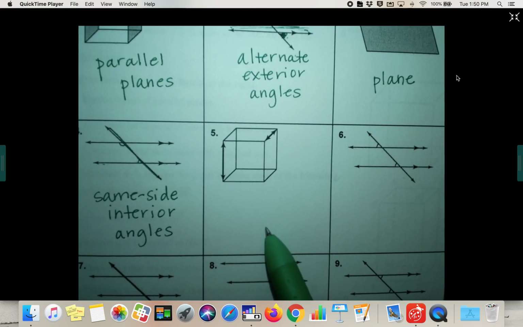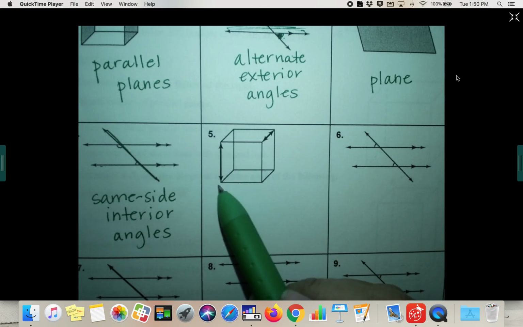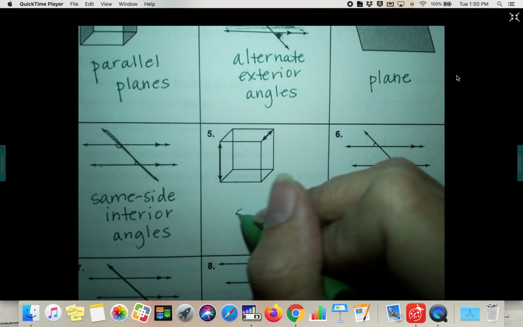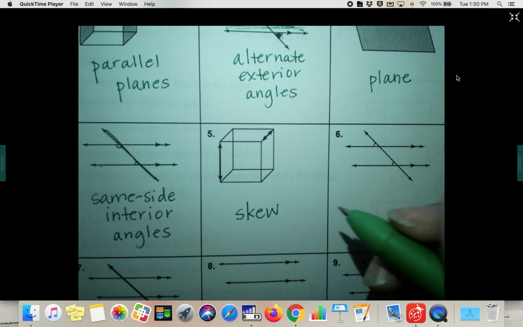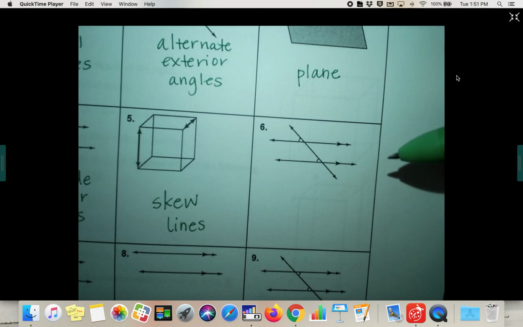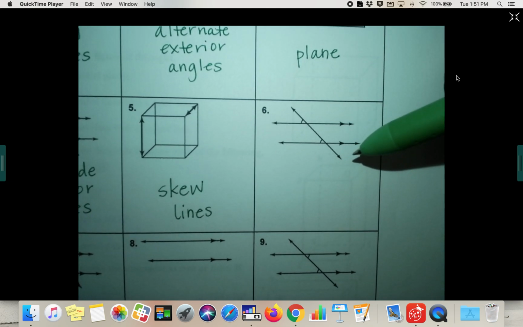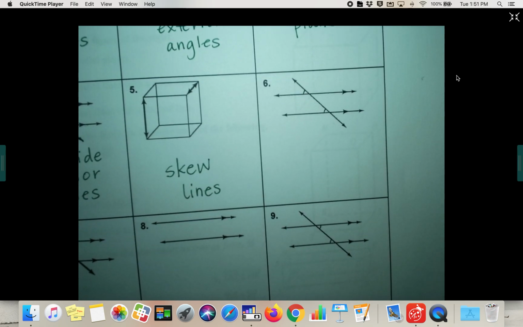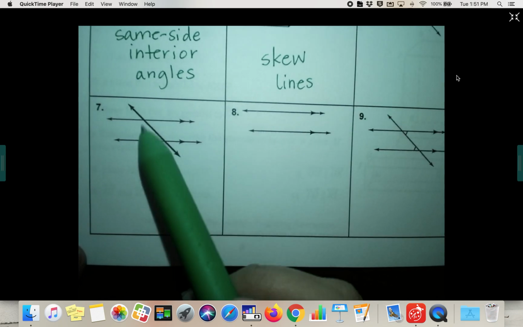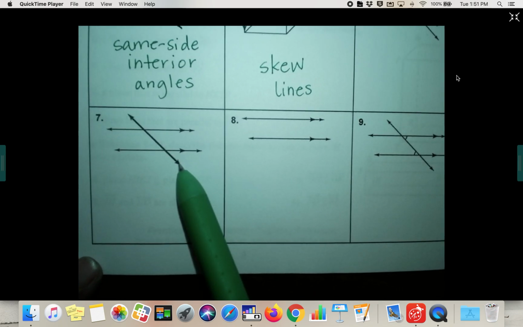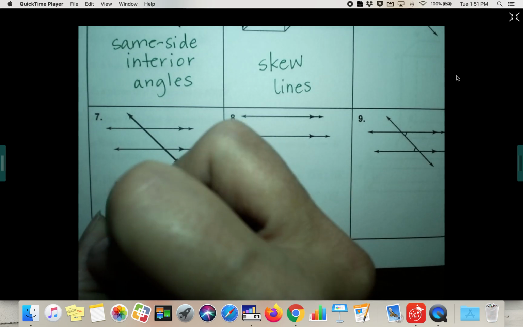Okay, number 5 we talked about in chapter 1 as well. These are two non-parallel lines that will also never intersect, and they're called skew lines. Number 6, actually, I'm going to come back to number 6 because I think that'll be easier to explain once we finish, like, for example, number 9 down here. So number 7 is the dark line right here. I've already referenced it a few times, but it is the transversal.